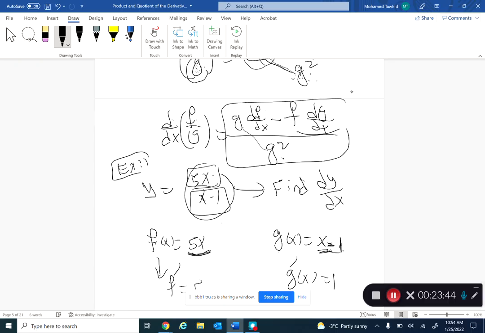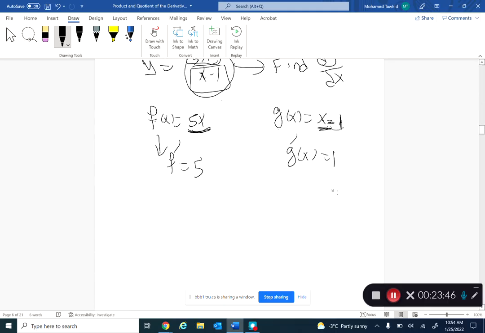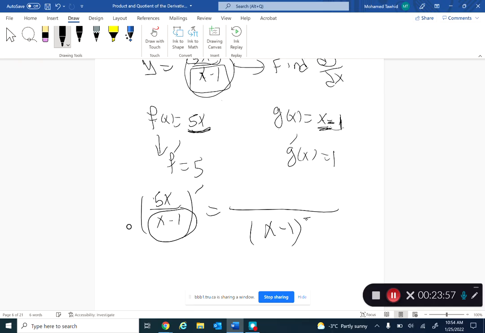Here is the rule. It will be g squared: take whatever you have down and square it, so you have x minus 1 squared. Then g f prime minus f g prime. I start with x minus 1, that is your g, times f prime.